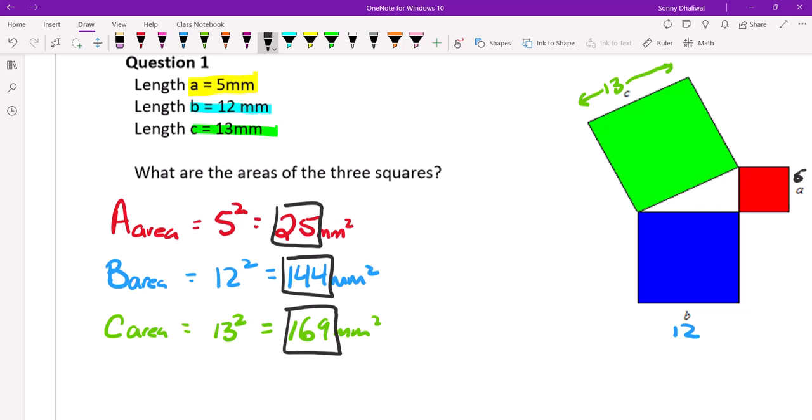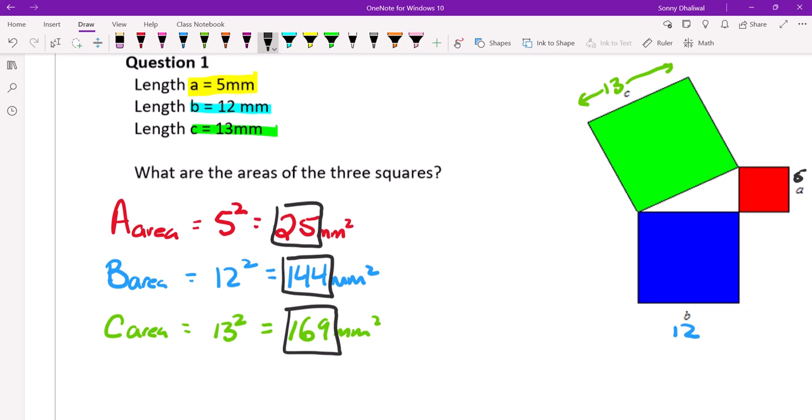Can you connect A, B, and C together? All 3 of them. Can you connect 25, 144, and 169 together?